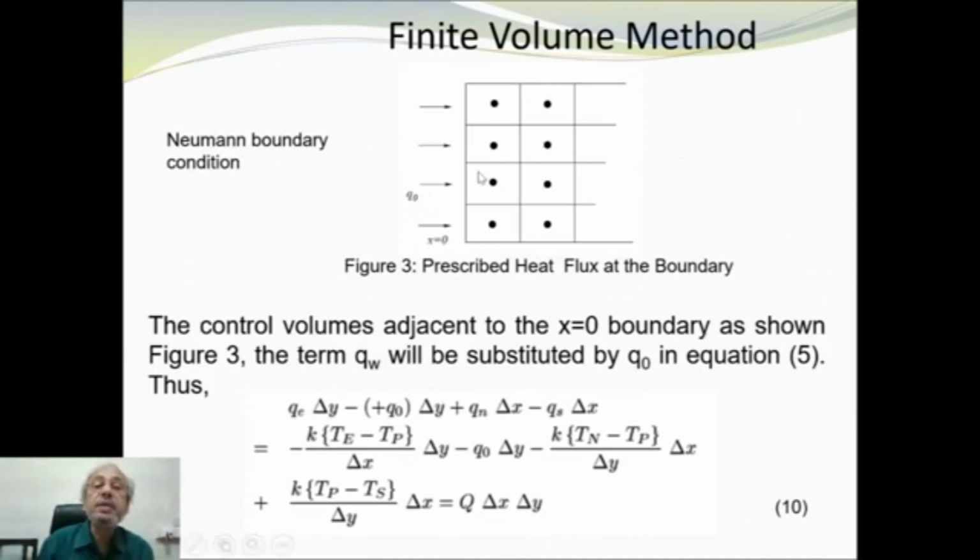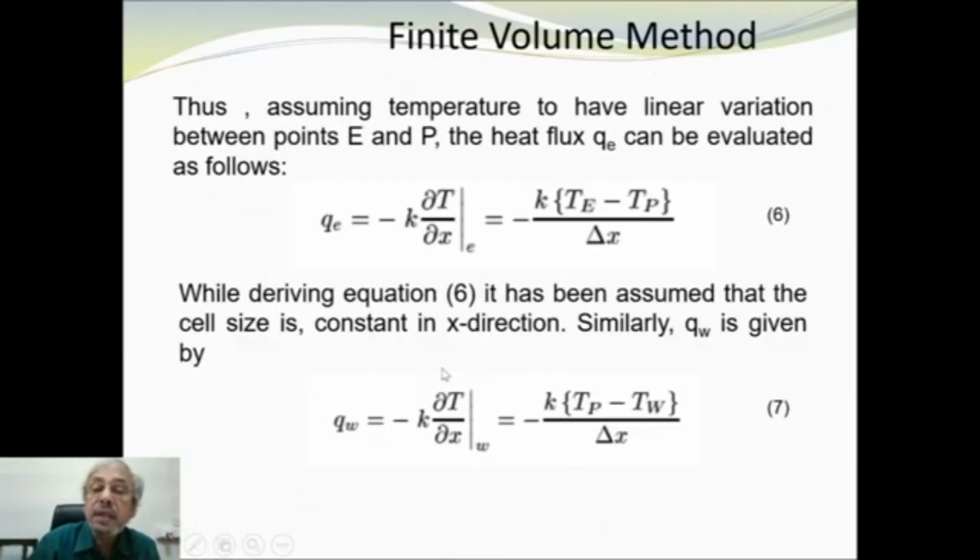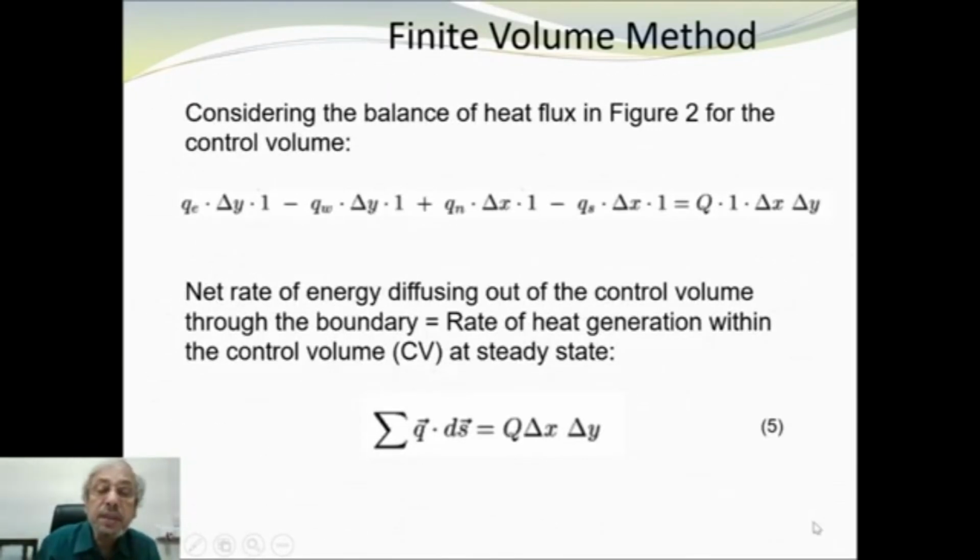Q naught is basically thermal conductivity into the thermal gradient on this phase, which is del K del X. If that is defined, then that means Q0 is defined. So then equation 5 means our earlier equation.